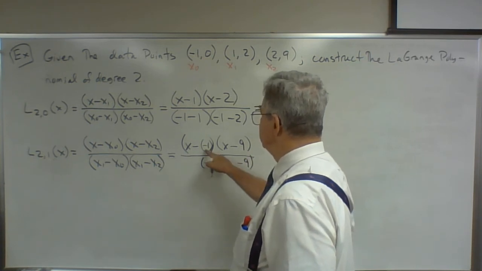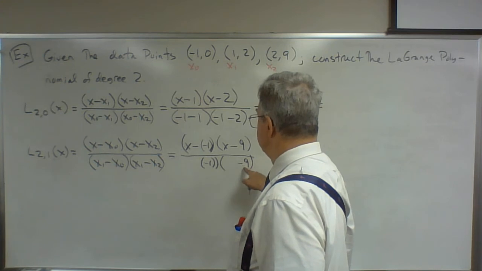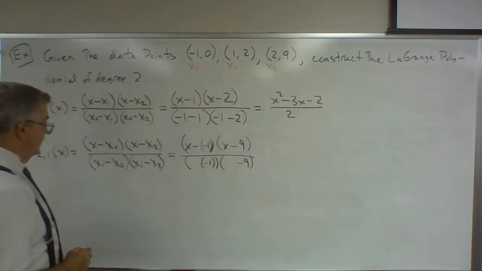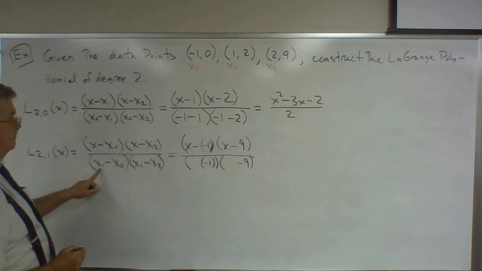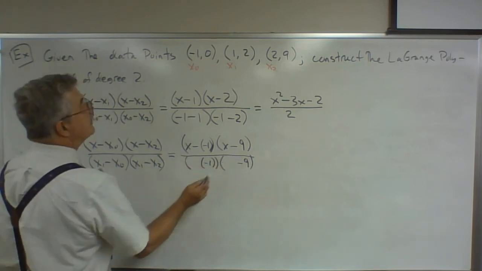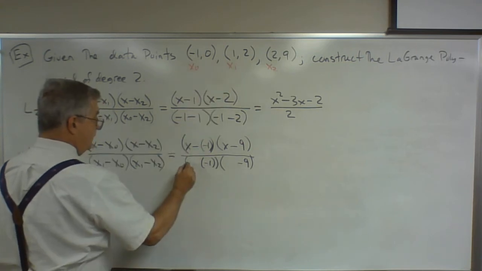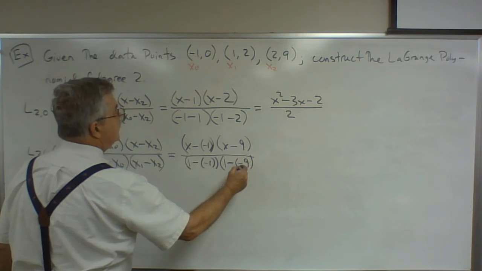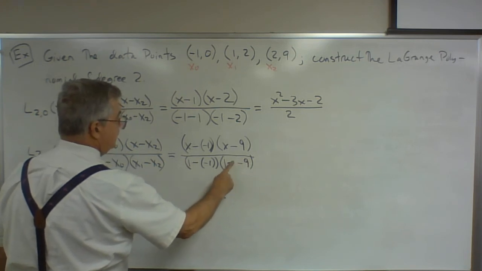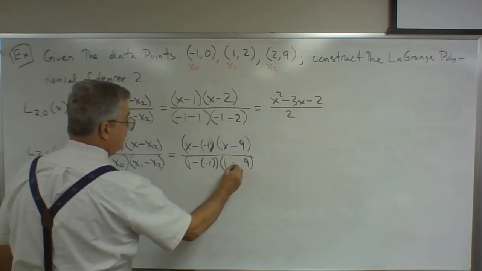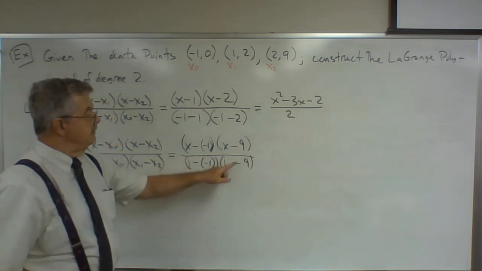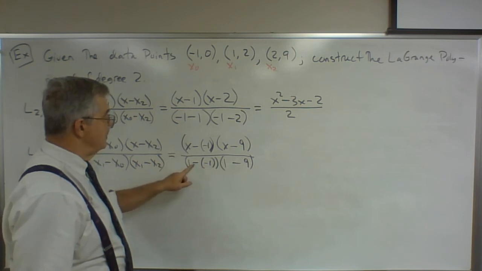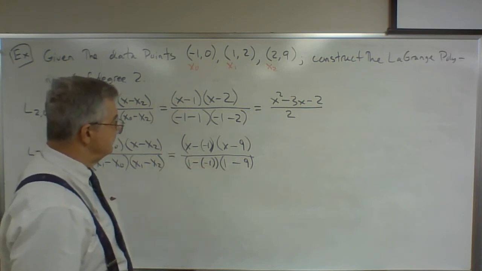And whatever goes up top repeats on the bottom. And we have x1 here and here. What is x1? x1 is 1, okay. 1 minus, whoops. Let's see, x minus 9, so that's 1 minus 9. X minus a negative 1, that's 1 minus a negative 1, okay.